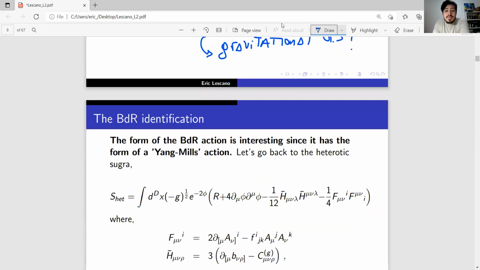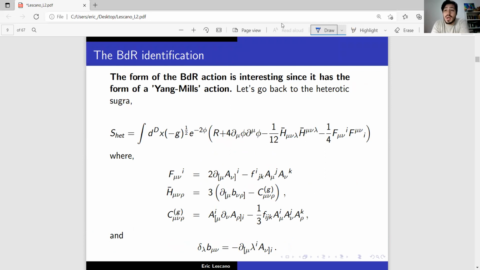And the form of the Bergshoeff-de Roo action is very interesting, since it has the form of a Yang-Mills action. This is the most important part. These field redefinitions turn the action into a Yang-Mills action, or near a Yang-Mills action, because in the previous slides we have here a 1/8 Riemann squared term.